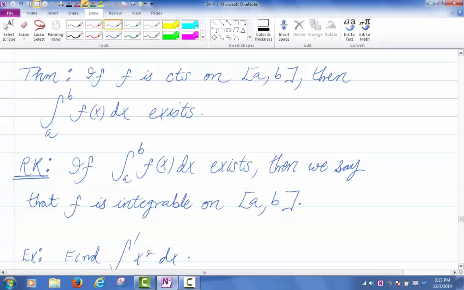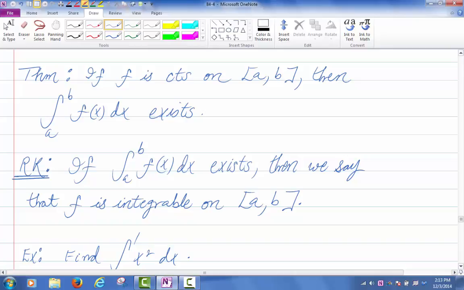If you know that a function is continuous on the interval from a to b, then you know that the definite integral exists. Is everybody clear with that? The definite integral exists if your integrand is a continuous function.